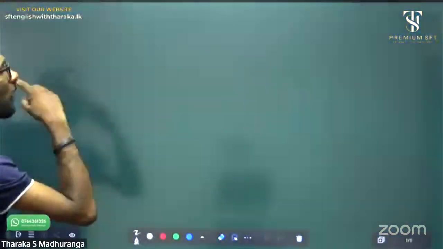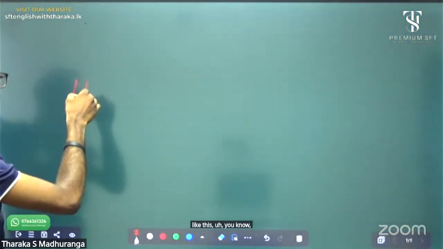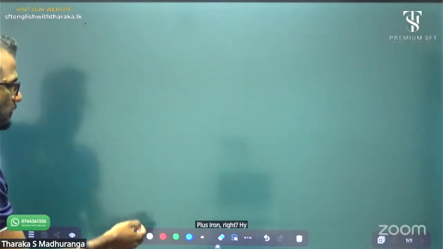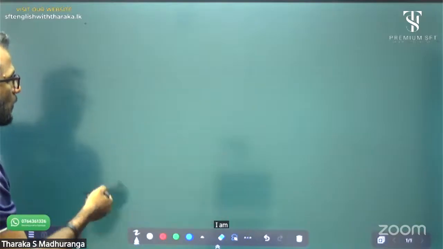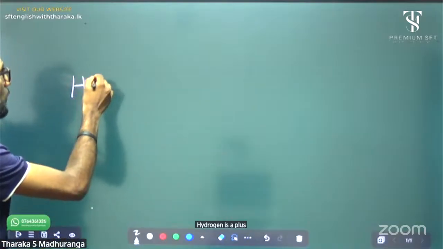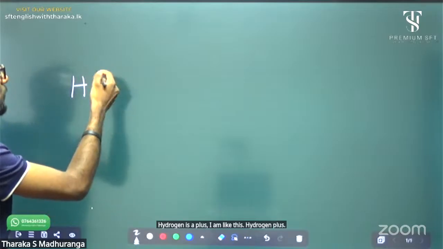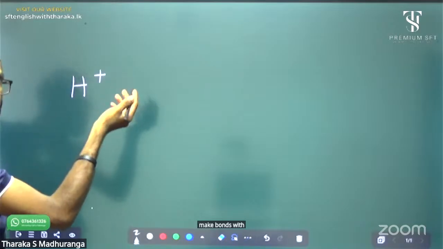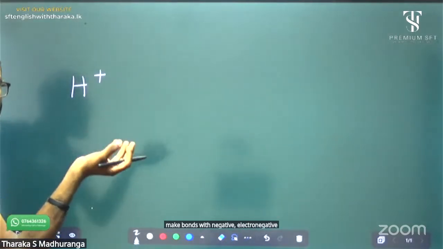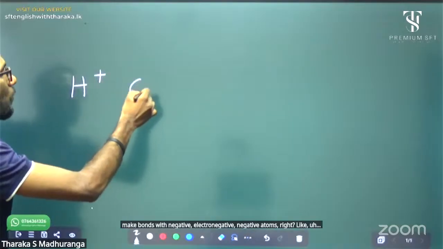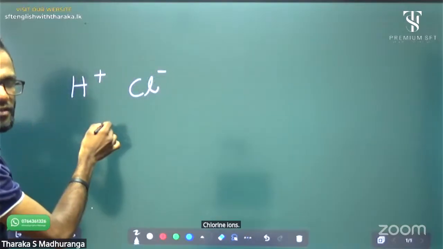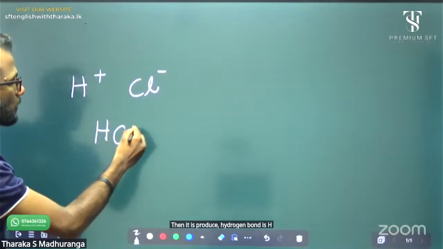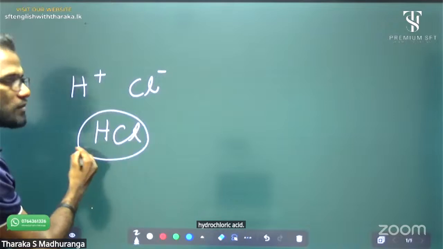Hydrogen is a plus ion, hydrogen plus. Hydrogen always makes bonds with negative atoms, like chlorine ions. Then it produces HCl, hydrochloric acid.